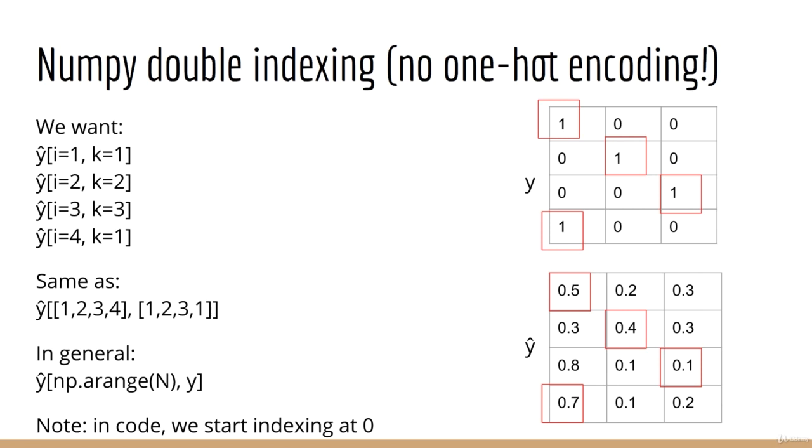Using the NumPy double indexing method, I can actually index all of these values at once. I simply pass in all the row indices and all the corresponding column indices at the same time. Importantly, note that by doing this, I never have to one-hot encode the targets. I can pass them directly into the square brackets. As an exercise, you should try this in actual NumPy code to verify that it really works. Just note that in code, we index starting at 0 instead of 1.